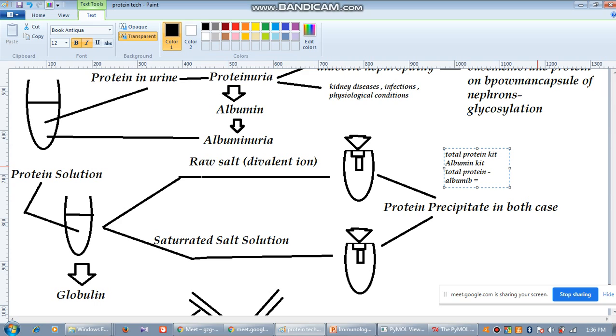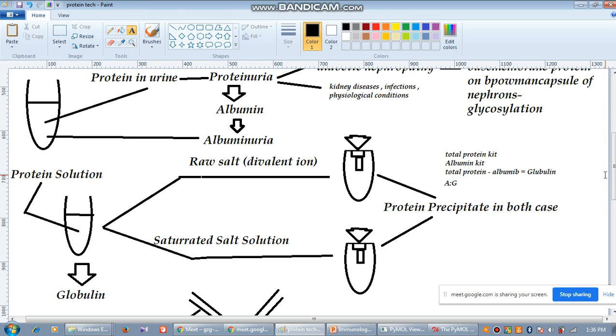It will give us globulin. So from this, we will determine the albumin globulin ratio. Very, very important. Understood? So finally we will find the AG ratio, albumin globulin ratio.